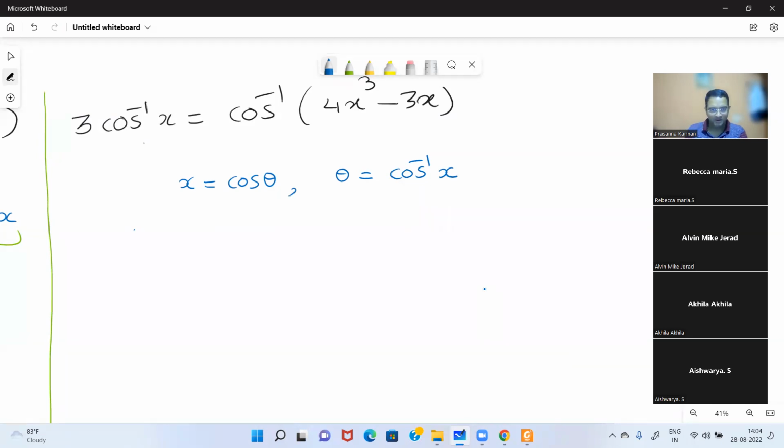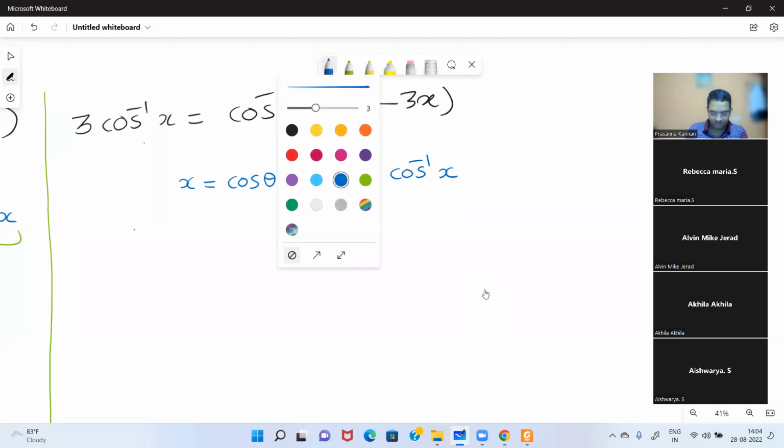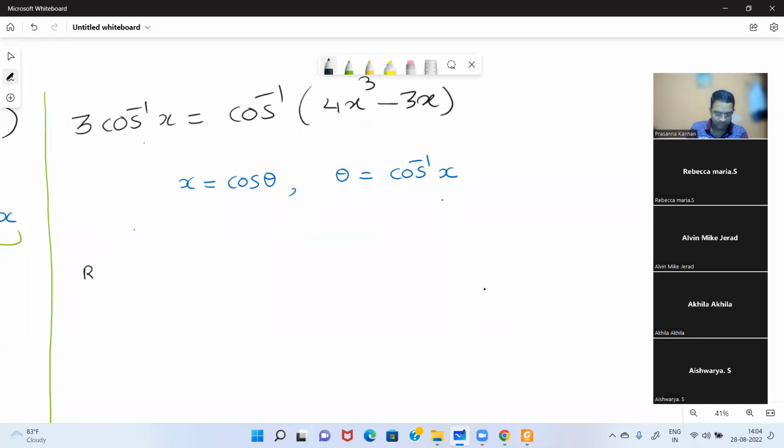Now, let's take RHS. What is RHS? Cos inverse of 4x cube minus 3x. What is x? Cos theta. So this will become 4 cos cube theta minus 3 cos theta, correct?